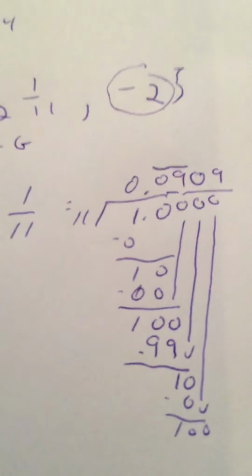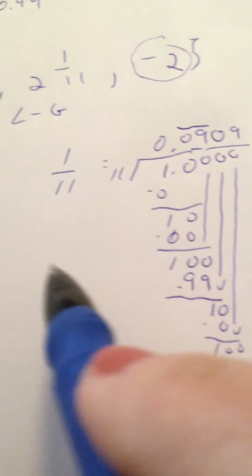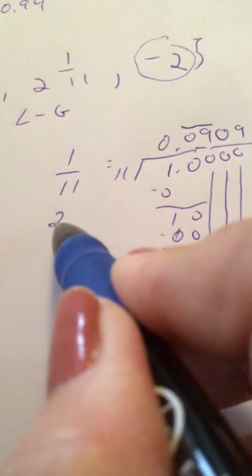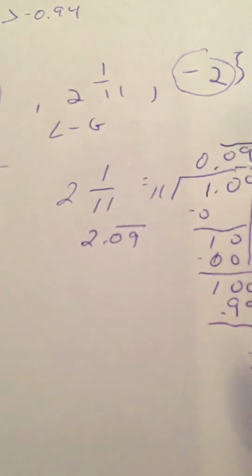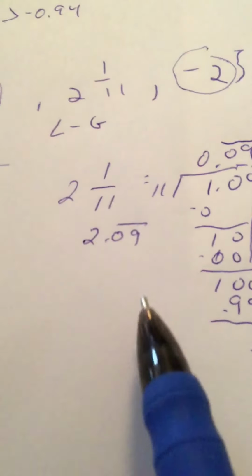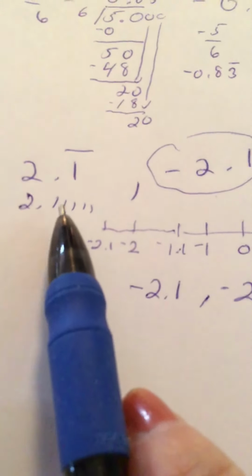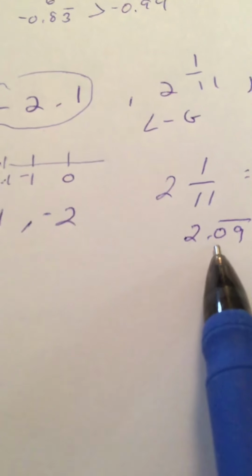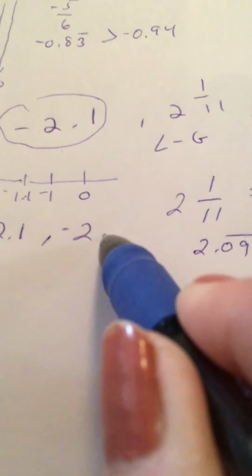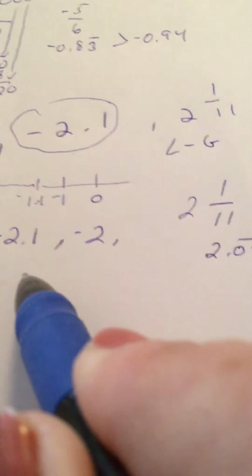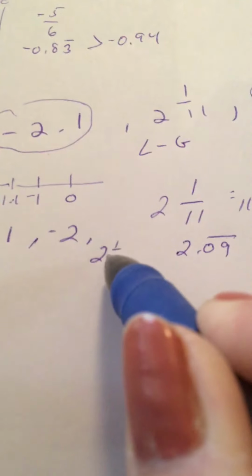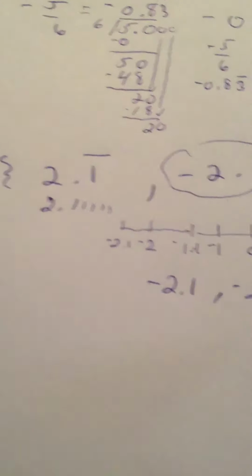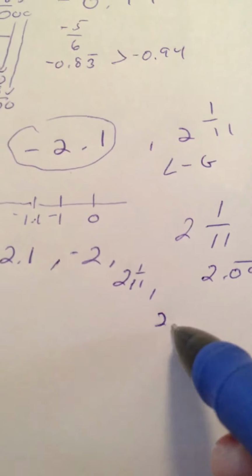So here, this new answer is 2.09, because there was that 2 in front of it. I'm going to bring it back again. 2.09 versus 2.1, 1 versus 0. Okay, so then we're going to throw down 2 and 1/11 rather, and then 2.1.